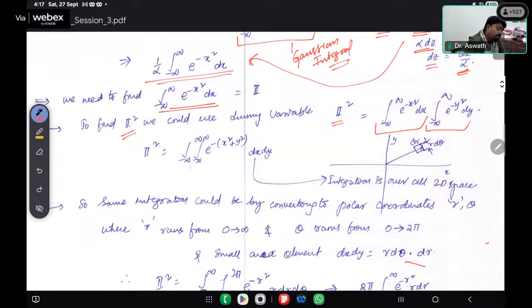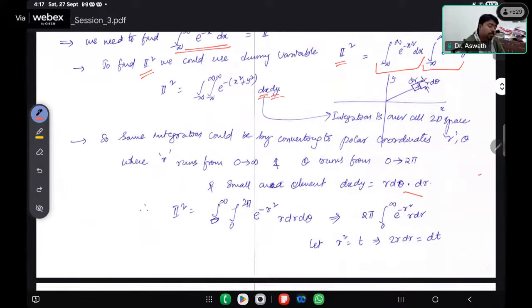So the limits run from minus infinity to infinity for both integrals, one with dx and another with dy. Now again, it's a Cartesian coordinate system, and a double integral like this is very tricky to find. If you go to polar coordinates, it becomes very simple. I introduce x equal to r cos theta, y equal to r sin theta, where dx would be dr cos theta d theta and so on.